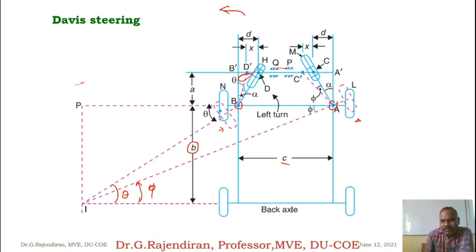Clear? And now this slotted, what is that one? This AM and BH is making an angle of alpha with the horizontal. Actually in this case it is vertical, it is alpha with the horizontal. Now during this turn, the new position of C is shifted to C dash.